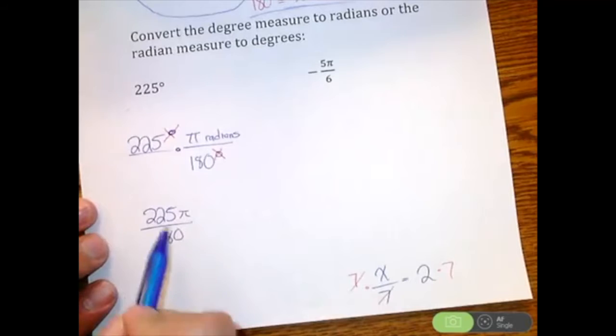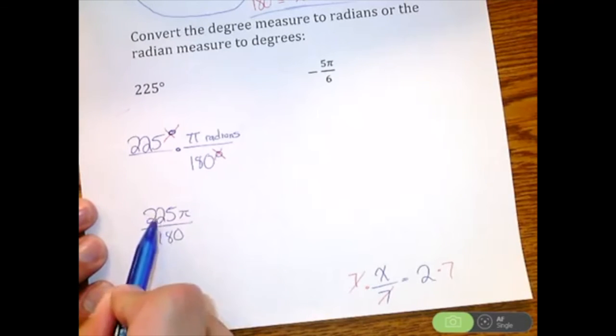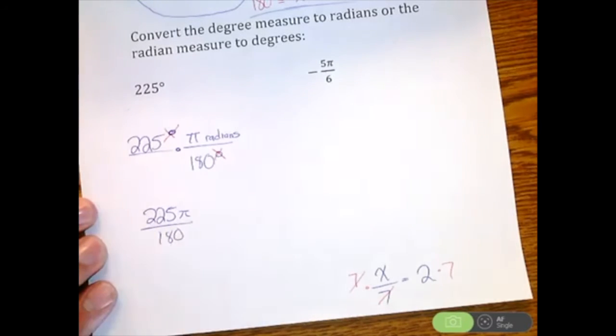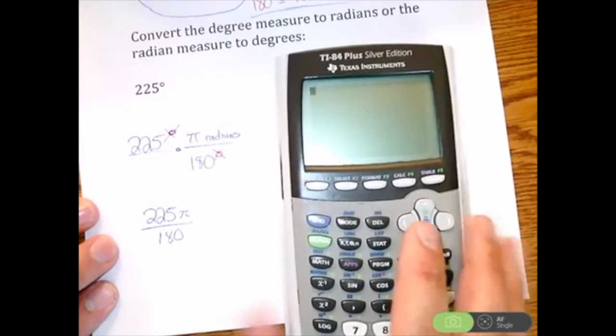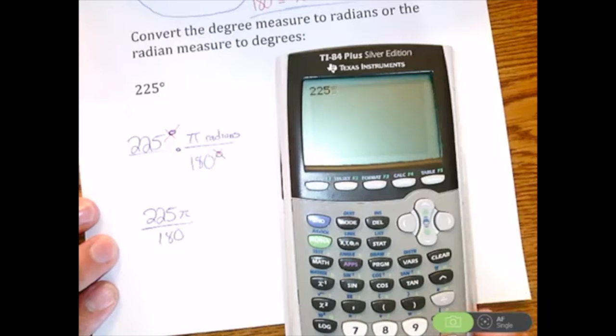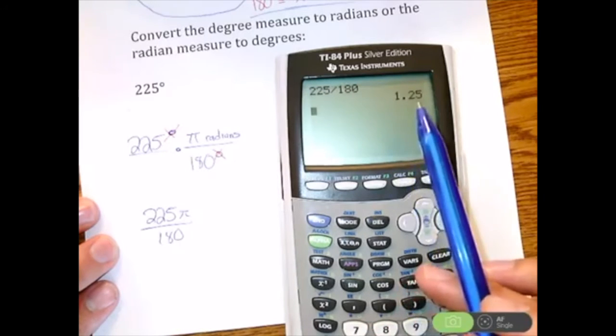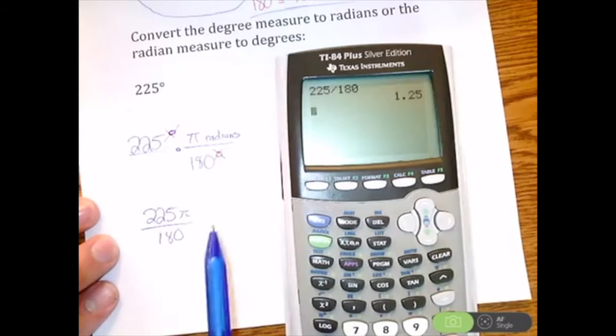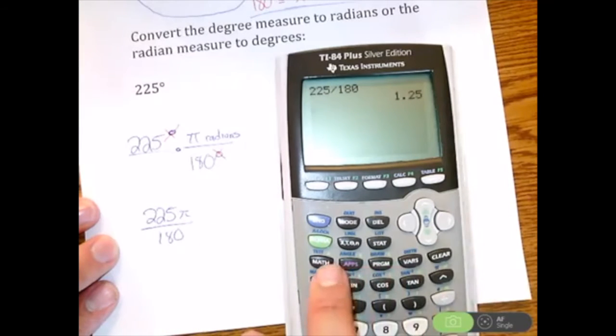Now, most students aren't very good at reducing fractions here, but we do want to reduce this as much as possible. If you struggle quite a bit with reducing, here's what you can do. With a graphing calculator, you can type in 225 divided by 180, which is going to give you a decimal. But again, we want to report this as a fraction, so what you can do is hit the math button.